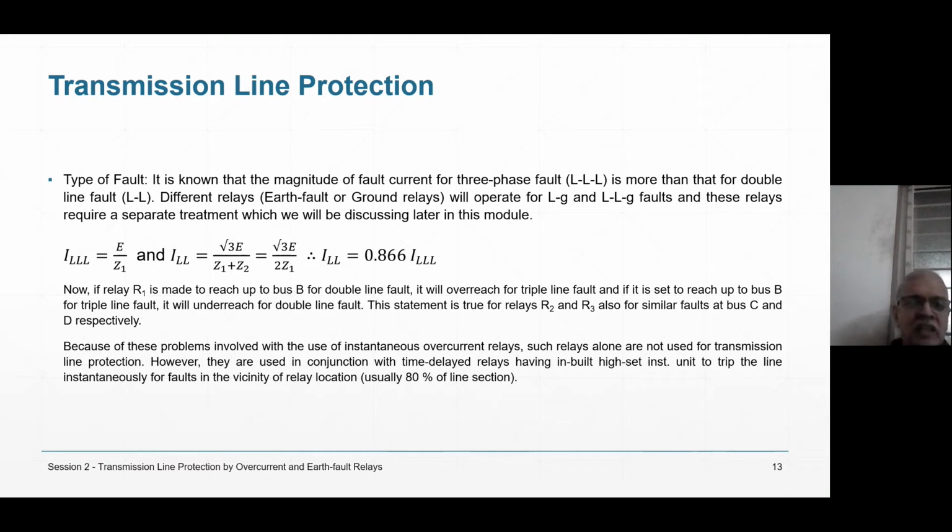That depends upon the generator's inertia.